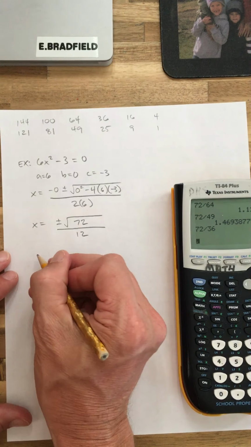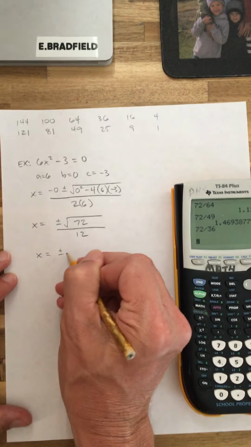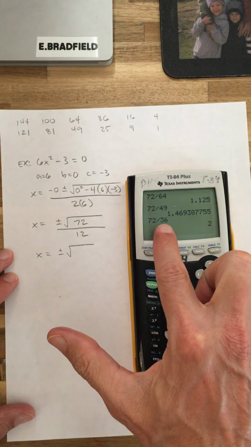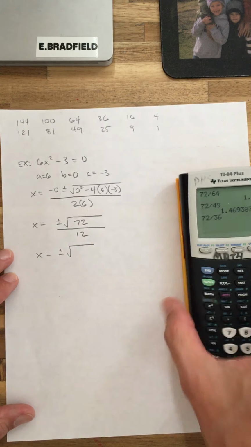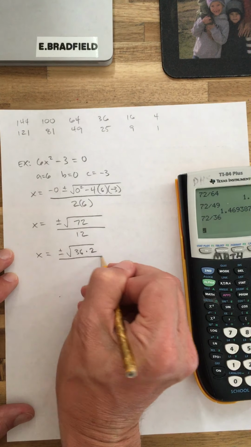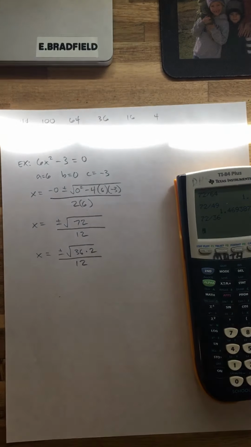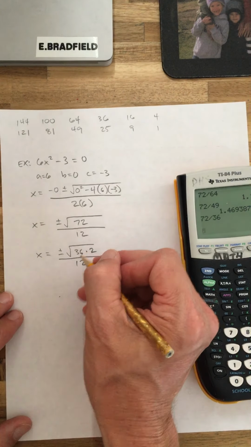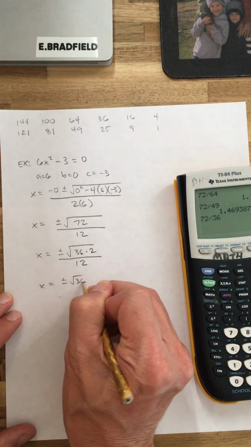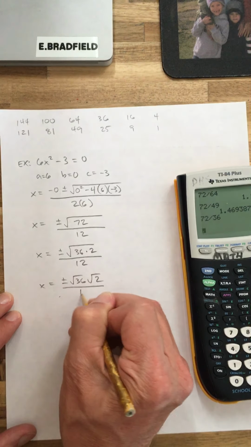Okay, so here we go. X equals plus or minus the square root of 72, which becomes the square root of 36 times 2, all over 12. So x equals plus or minus the square root of 36, the square root of 2, all over 12.